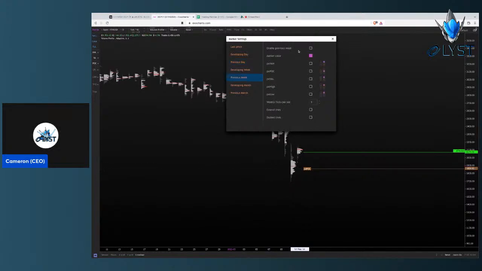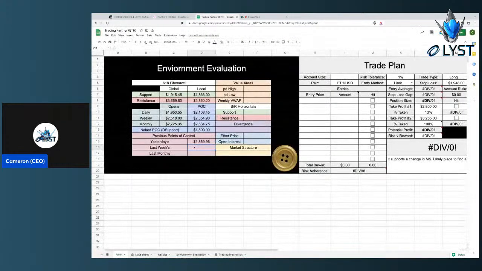Previous week, let's turn that on. Previous week's point of control is 2834.90, and the monthly point of control is 2834.75. So last week's and the current month's are very close, within 15 cents of each other.